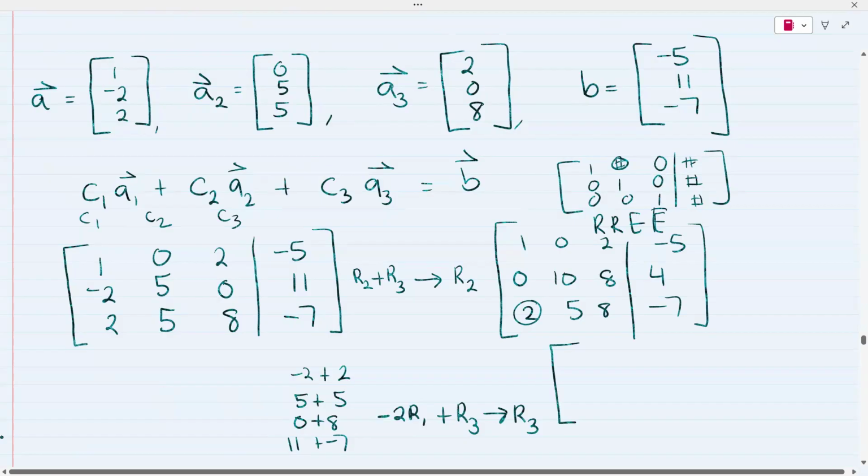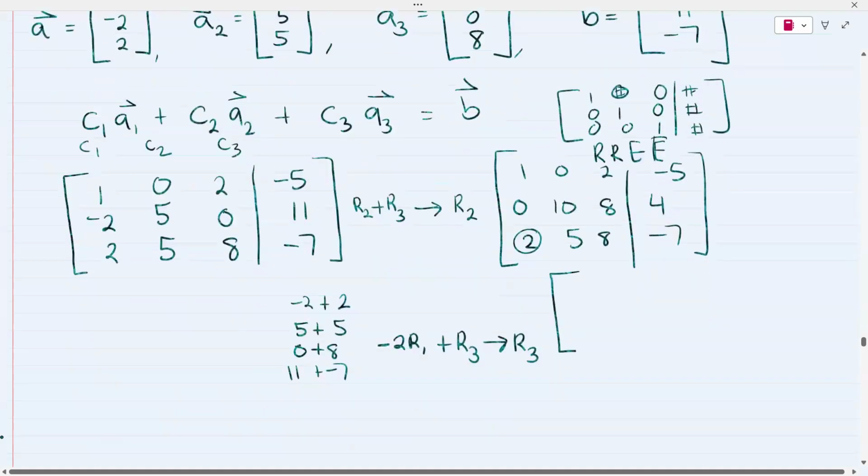So -2 times 1 is -2, plus the first number in row 3, that is 2, so that would be 0.